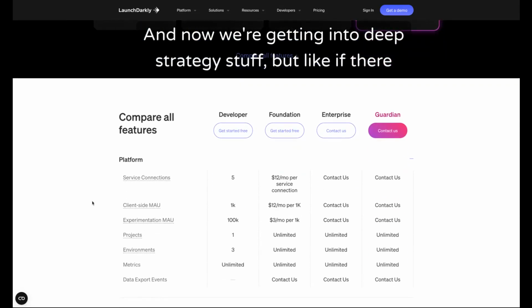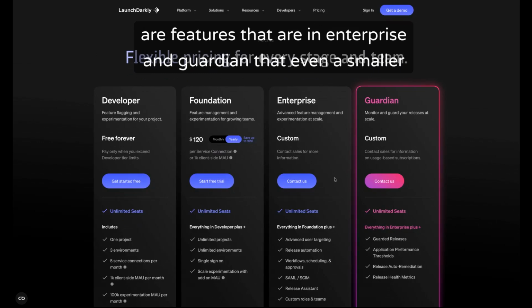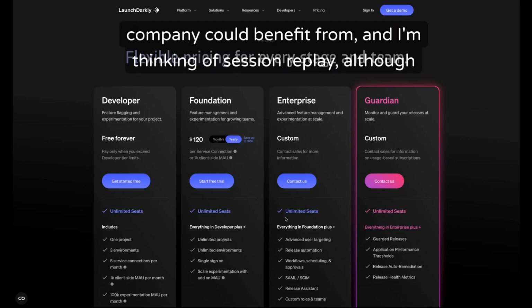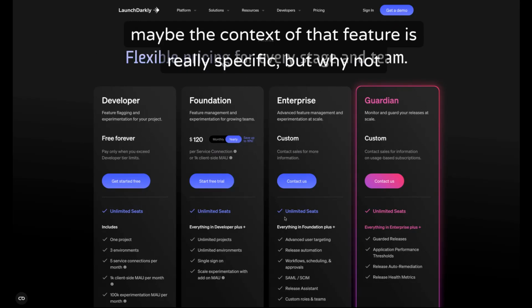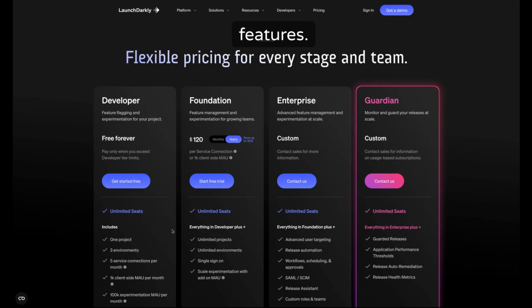And now we're getting into deep strategy stuff, but if there are features in Enterprise and Guardian that even a smaller company could benefit from, and I'm thinking of session replay, although maybe the context of that feature is really specific, why not unbundle that and allow me in a self-service tier to spend extra to get some of those features?